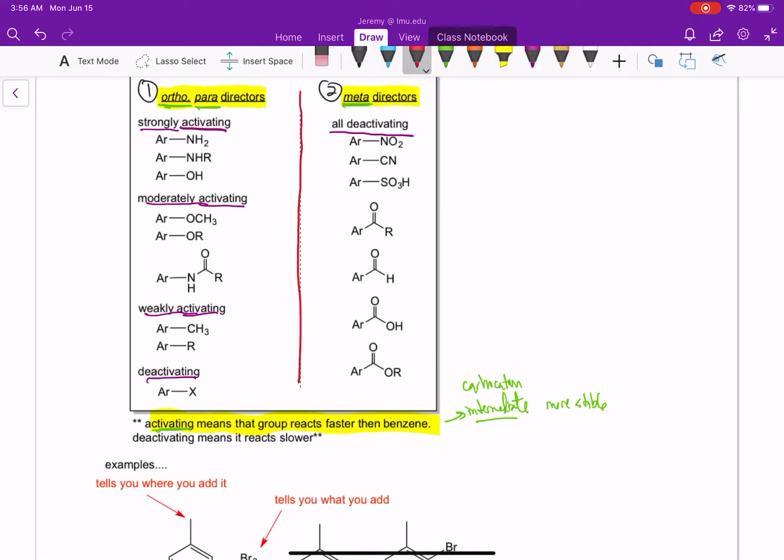When your group is deactivating, that means that the carbocation intermediate is less stable than the carbocation intermediate of benzene.